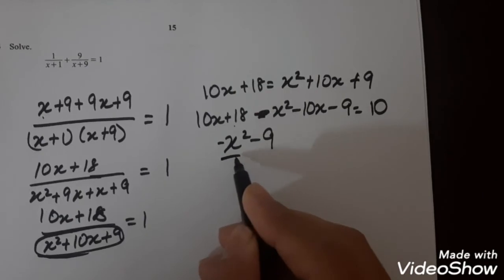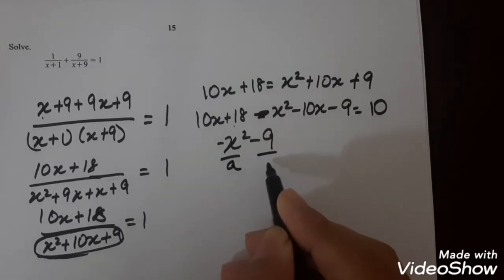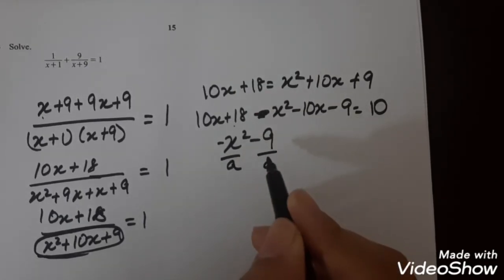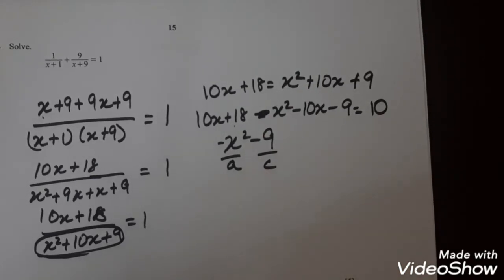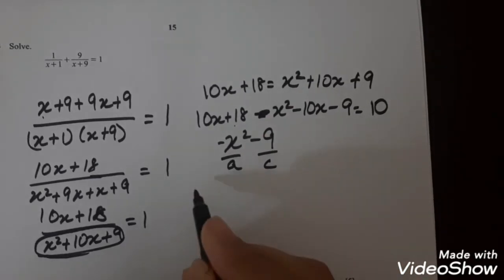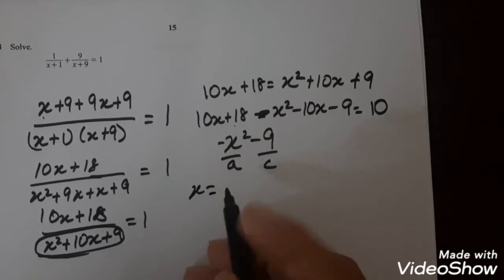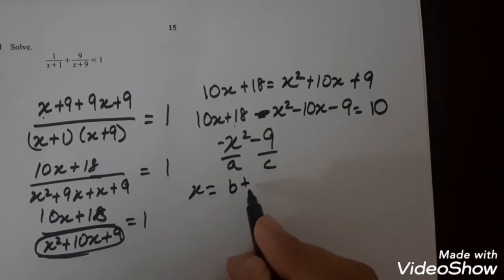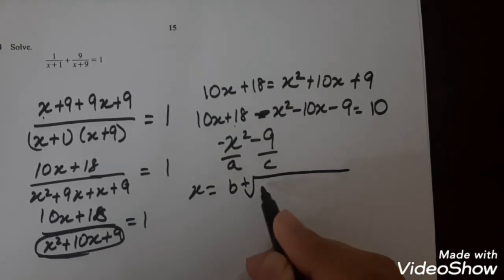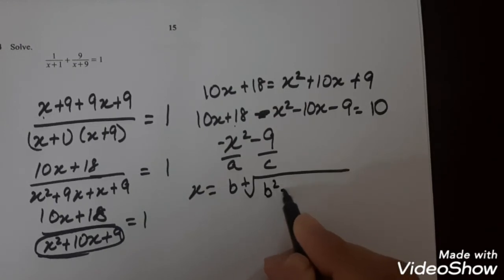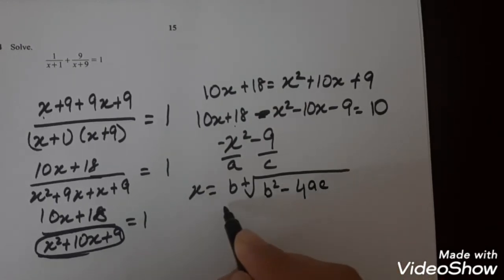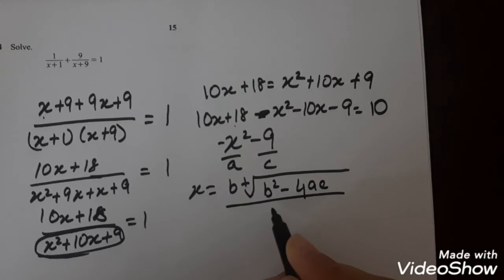So this is the value for A and this is the value for C, and we don't have any value for B. So to calculate the value of x, you write x is equal to minus b plus square root of b squared minus 4ac divided by 2a.